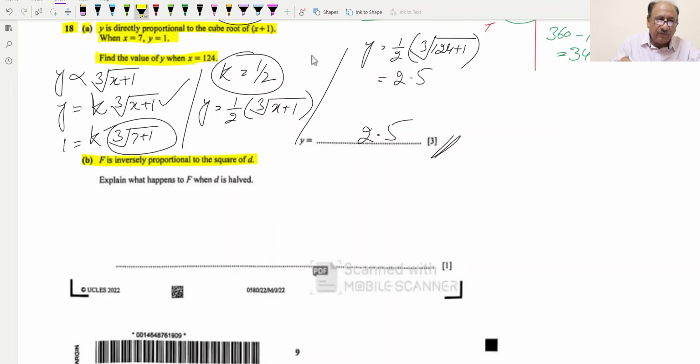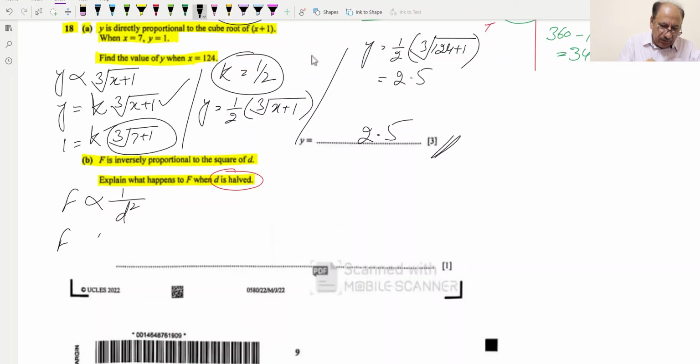B part says f is inversely proportional to the square of d. So we can write f is inversely proportional to the square of d, which is this one. Now they are saying explain what happens to f when d is halved. When d is halved it will be d by 2.